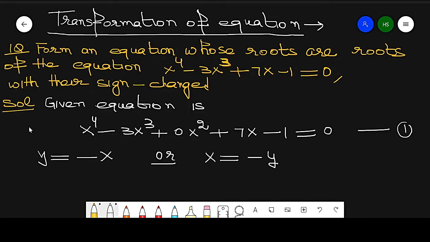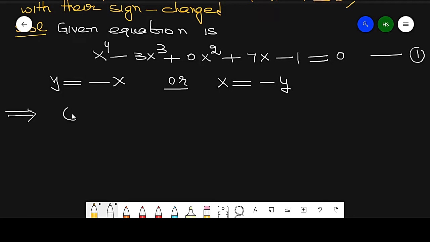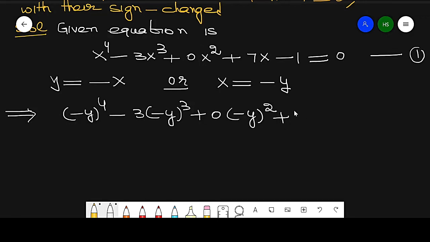When we substitute this transformation in equation number 1, it implies (minus y) raised to power 4 minus 3 (minus y) cubed plus 0 (minus y) squared plus 7 (minus y) minus 1, which is equal to 0.